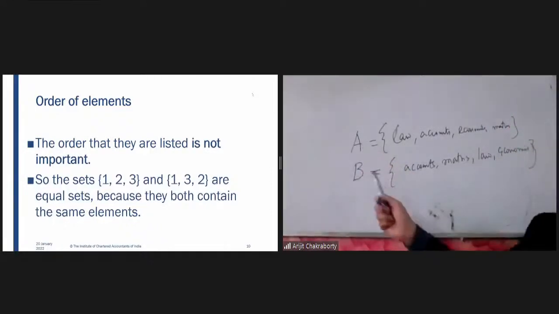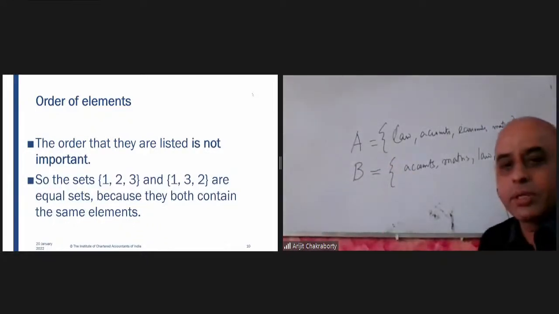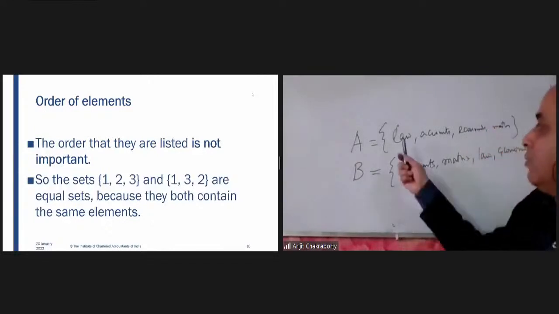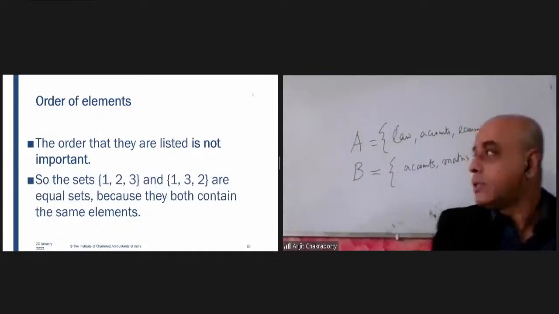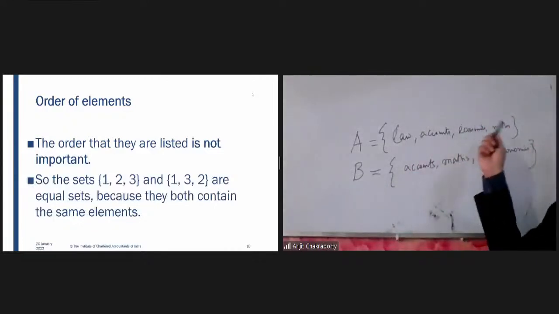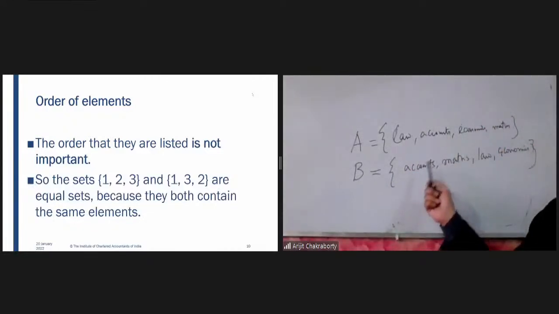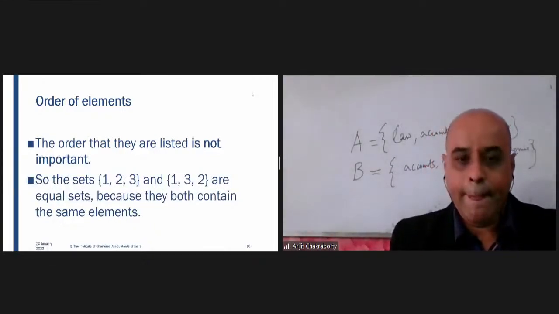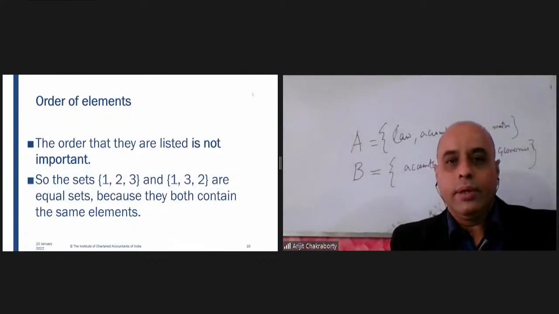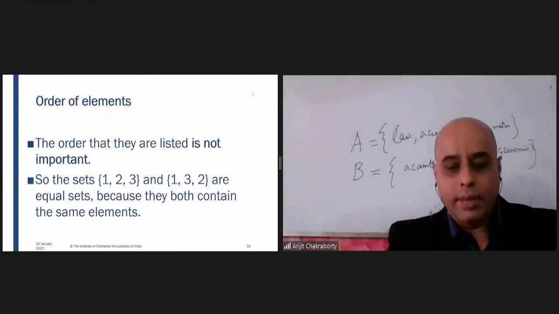So A and B are equal sets because they both contain the same elements. Here we have law, accounts, economics, and maths. Here I've written accounts, maths, law, and economics. The order is different, but the same elements are there. So ideally they are the same set.